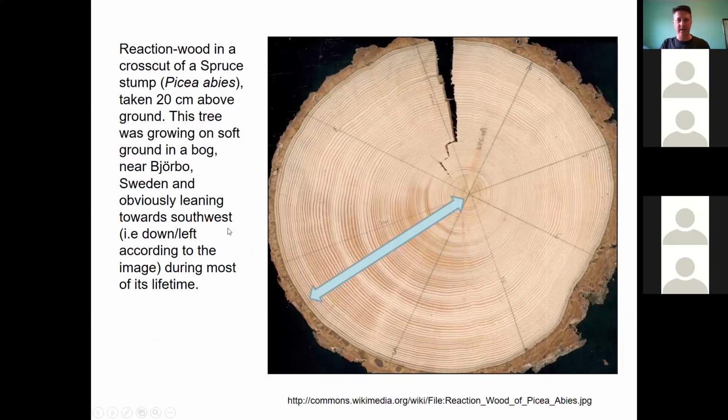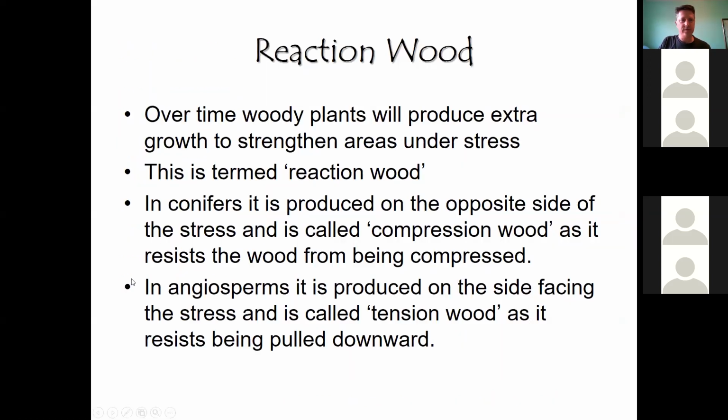Woody plants are amazing, and they produce over time what's called reaction wood. This is basically like muscles in people. Over time, where they're experiencing stress, they actually put growth into those areas to strengthen it.